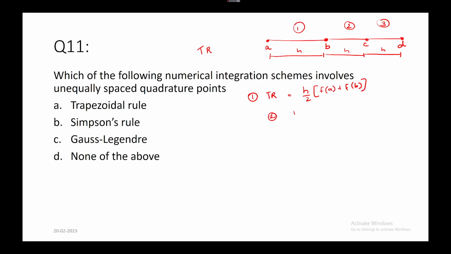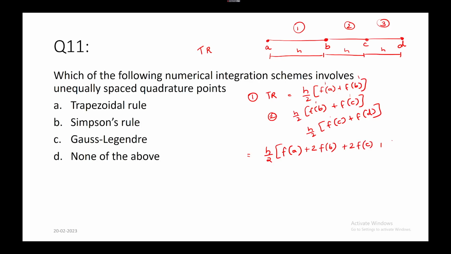For the second, it is h by 2 into f of b plus f of c. For the third element, it is h by 2 into f of c plus f of d. If you add all, you will get h by 2 into f of a counted once, f of b counted twice, so 2 times f of b, again f of c counted twice, so 2 times f of c, plus f of d. So this is your general form.